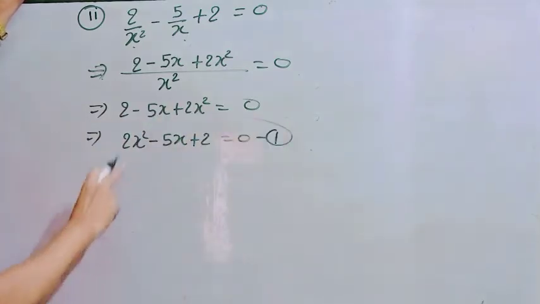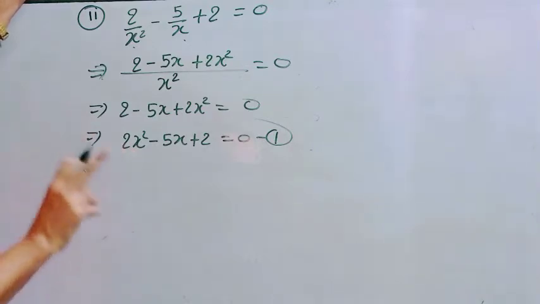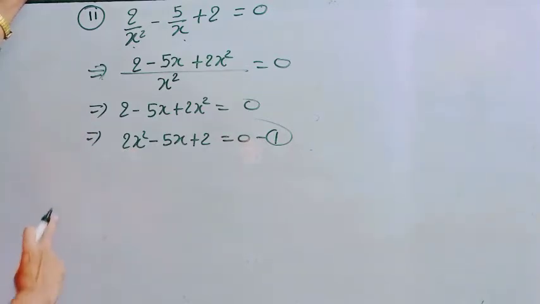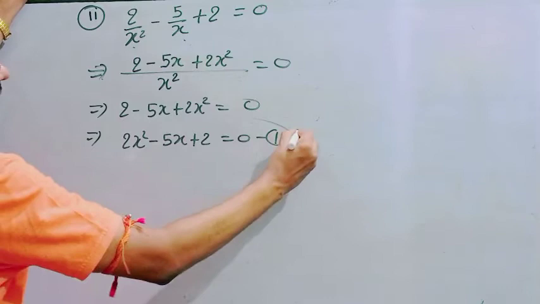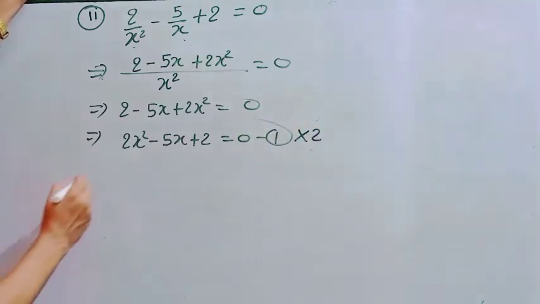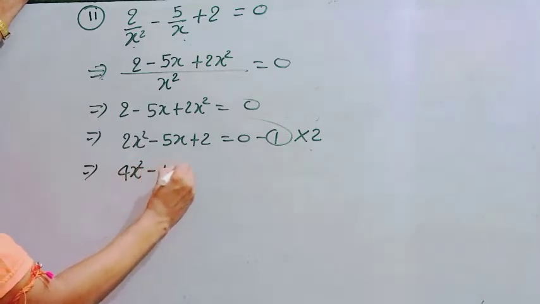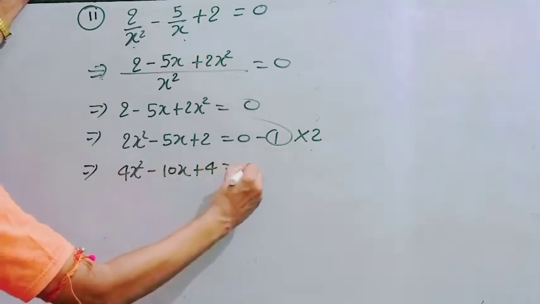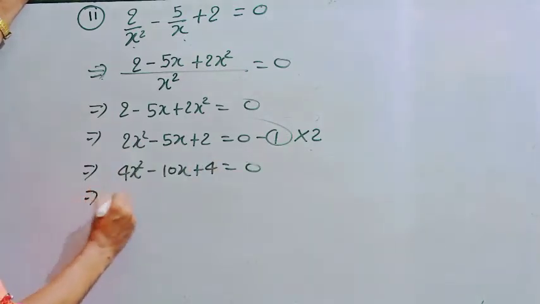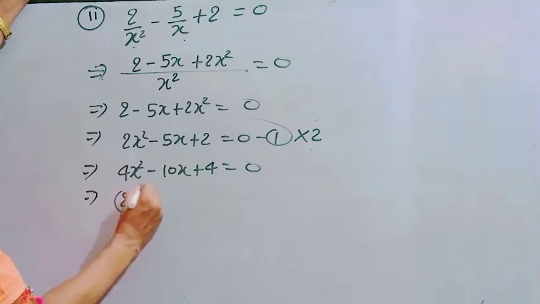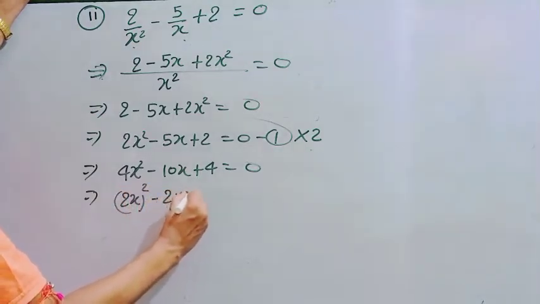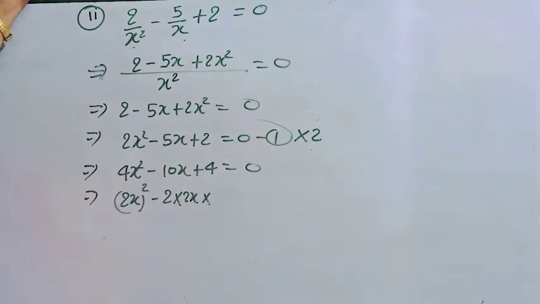First equation. Now here is 2x square, and you need to write it in the square form. So it is clear, you multiply by 2, then you get it in the square form. So here is square. Now 4x square minus 10x plus 4 is equal to 0. Then it is the square of 2x, it is a square minus 2 into a into b.